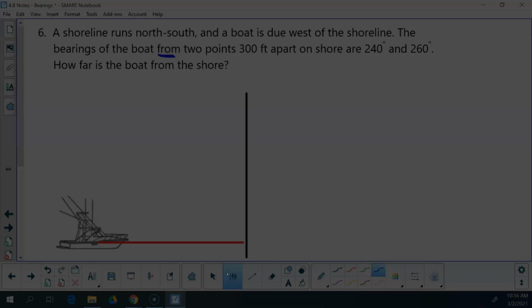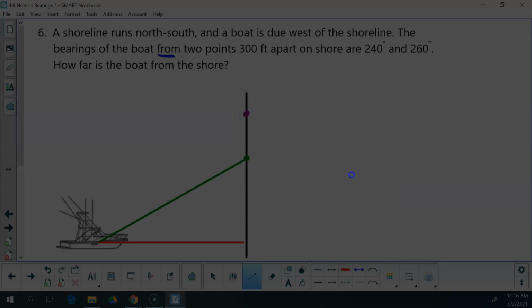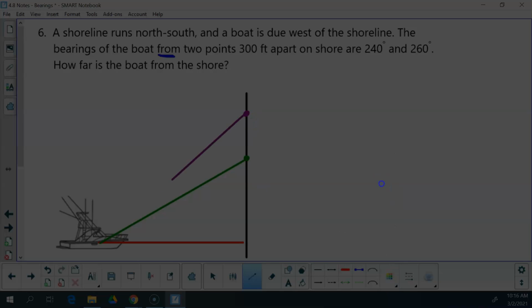Well, first off, we've got two points on shore. From those points, we just got to figure out which one is which.